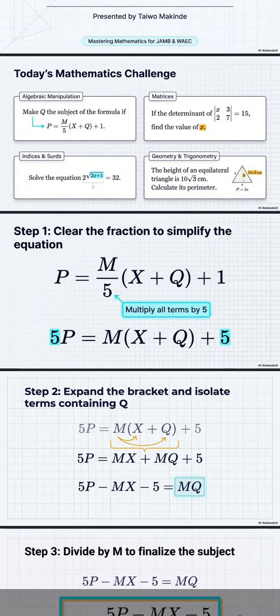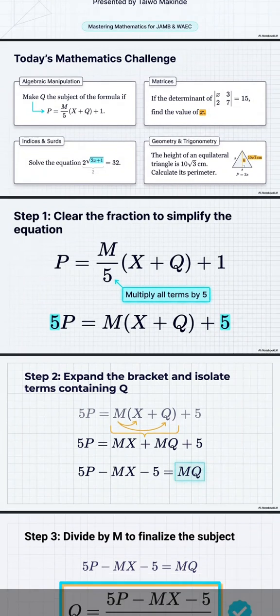If P is equal to m over 5 open bracket x plus Q close bracket plus 1. There are different approaches that could be used to solve this one. Some might subtract 1 from both sides to have P minus 1 is equal to m over 5 into x plus Q, and multiply through by 5 to have 5P minus 5 is equal to m into x plus Q, and so on and so forth.